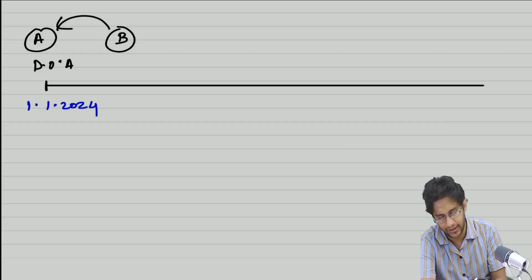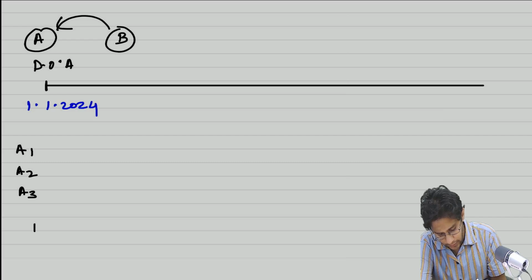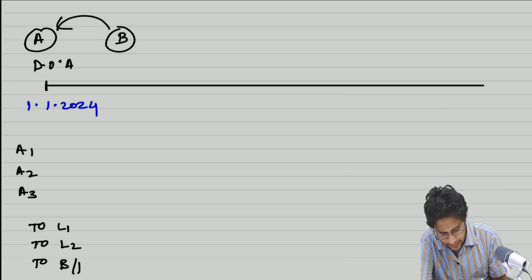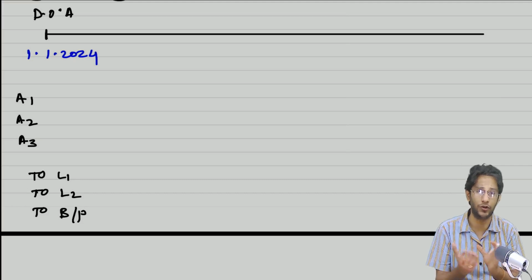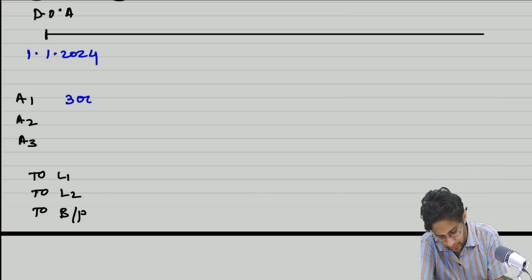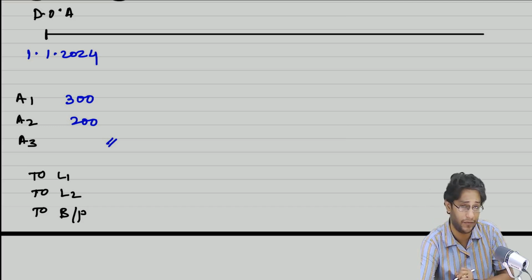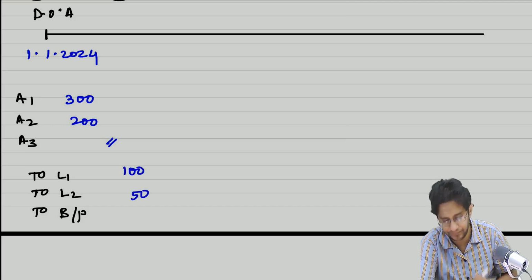So A Limited is writing an entry like this: A1, A2, A3, to L1, to L2, to business purchase. This entry A Limited wants to write. As you all know, everything should be recorded at fair value. In the process, the fair value of this is 300, the fair value of this is 200, the fair value of this could not be identified, the fair value of this is 100, the fair value of this is 50.